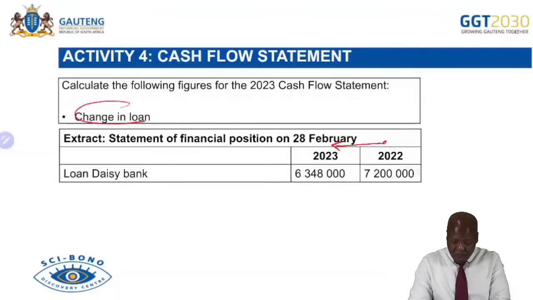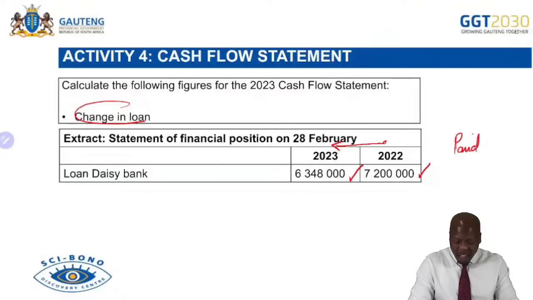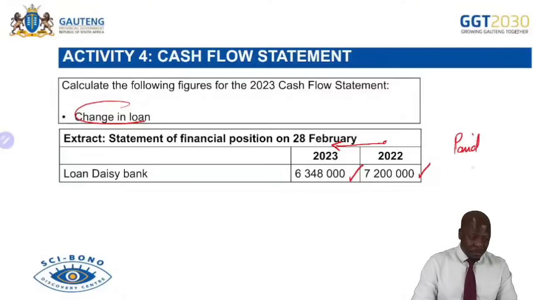In 2022, it was 7,200,000. Now it's 6,348,000. Is it increasing or decreasing? It is decreasing. Why would a loan decrease? A loan would only decrease when we have paid that loan. Remember, payments, cash outflow, repayment of loan.